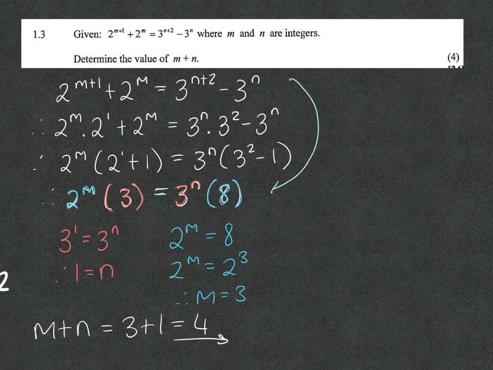So from here to here is your simplification, to a point where the left-hand side looks a lot like the right-hand side, and it was a matter of making the 3 look like the 3 and the 2 look like the 2. Okay, awesome. That is question 1.